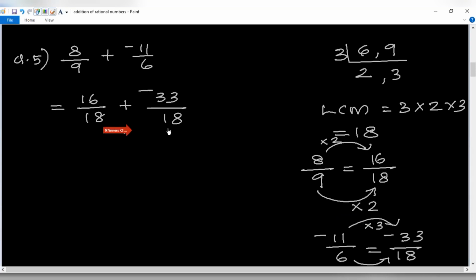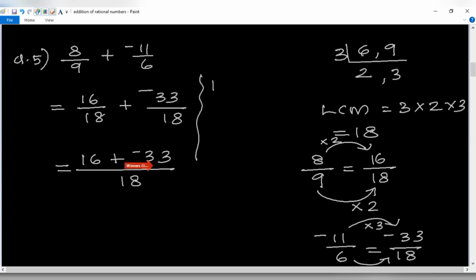Now see, the denominators became the same. So we can add the numerators directly. So it will become 16 plus negative 33 all divided by 18. See, now we have to add 16 and negative 33, right? Here also we are adding a positive with a negative number, and the bigger one is negative, so the answer is negative.